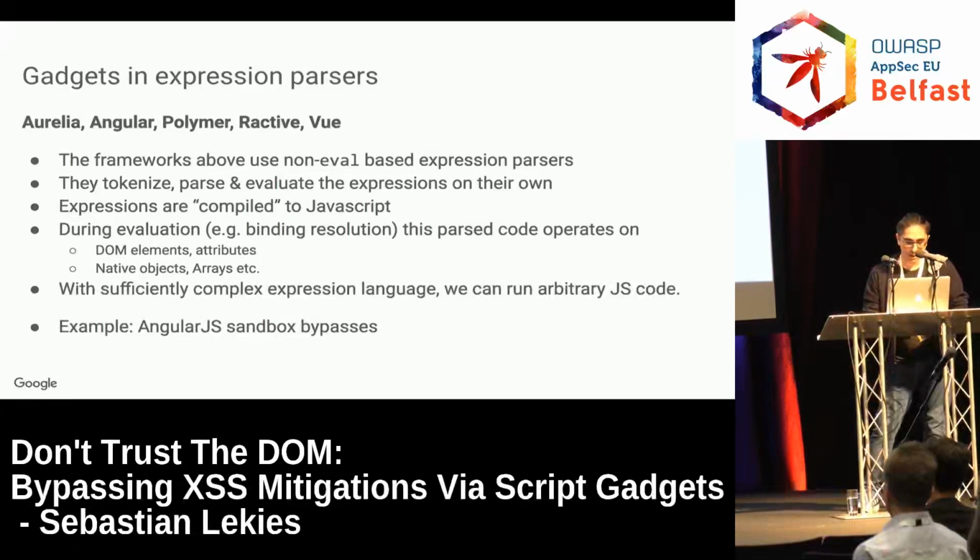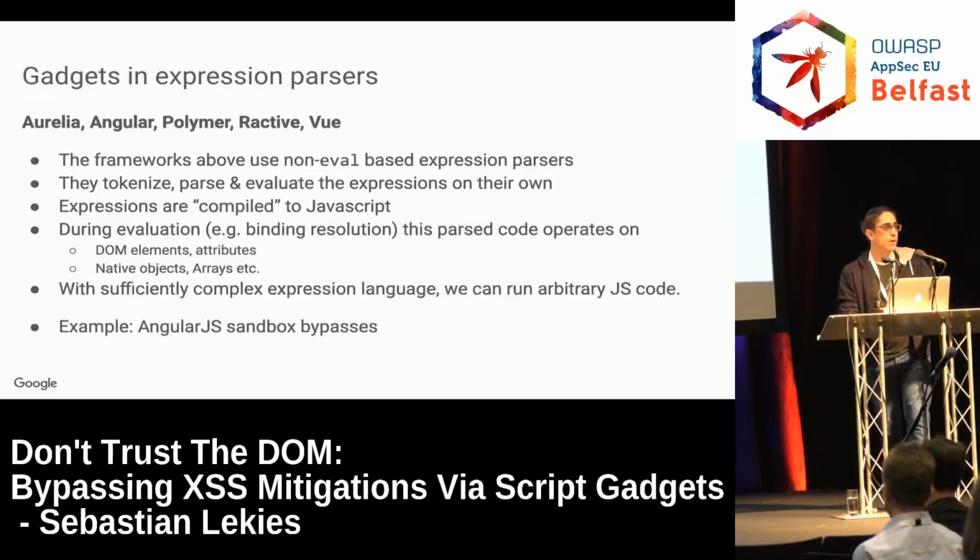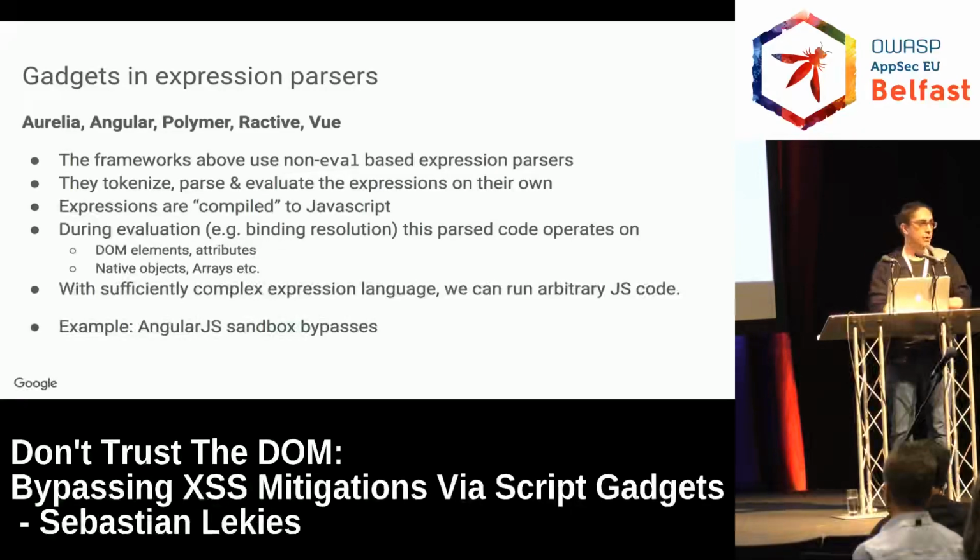What we found out is that with sufficiently complex expression languages, we can run arbitrary JS code and make it an XSS mitigation bypass. An obvious example of this is the whole family of AngularJS sandbox bypasses. AngularJS also behaves like that, right? So AngularJS has a custom-based expression parser.